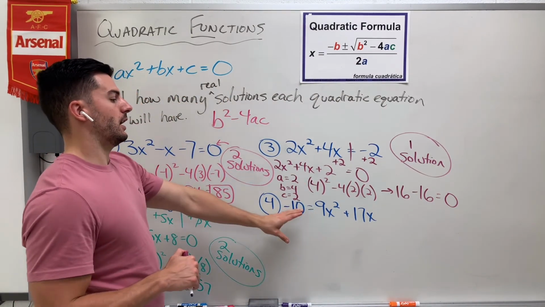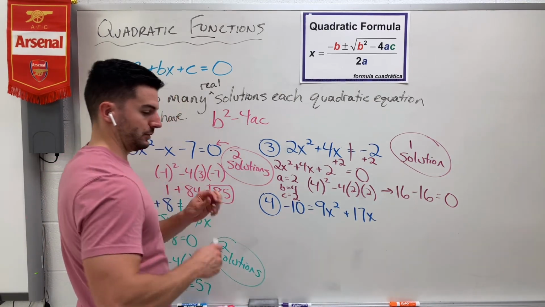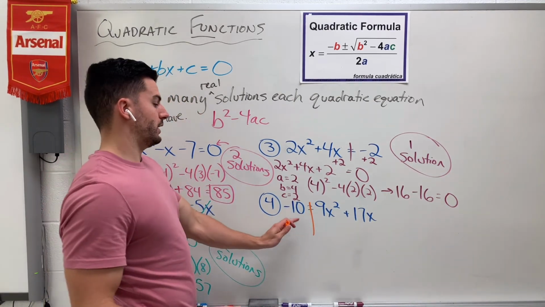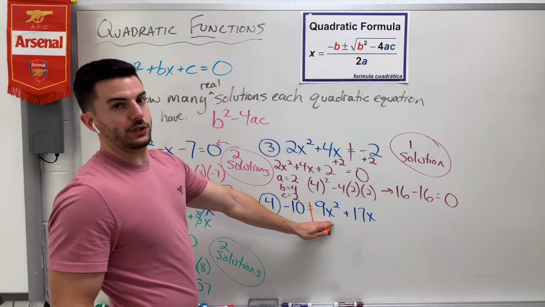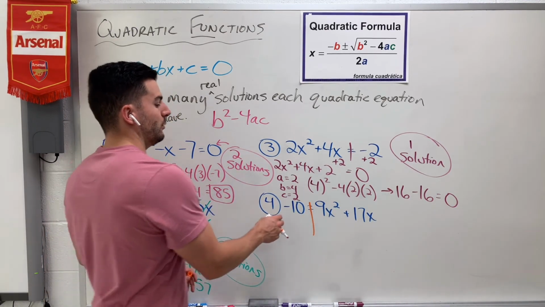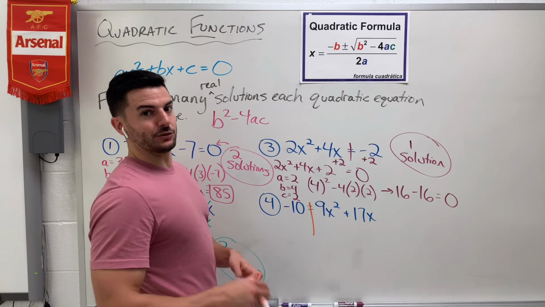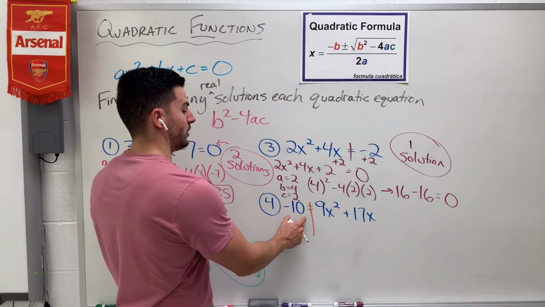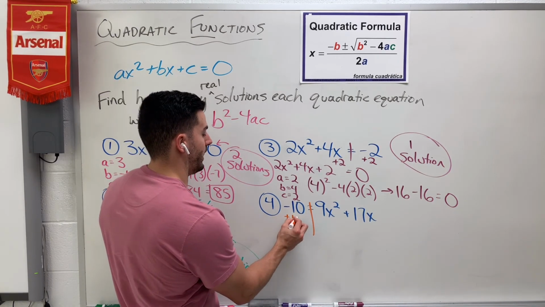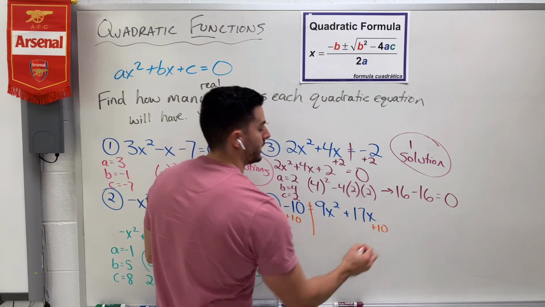Last one here. Now this one's weird because the x squared term's on the right here. Usually it's not like that. But again, our goal, it doesn't matter which side says equals 0, just as long as one of them does. So it would be easier for me to just add this 10 to both sides, okay?